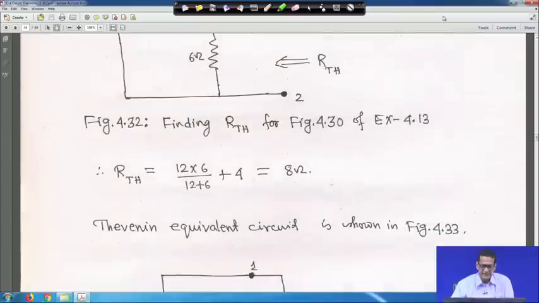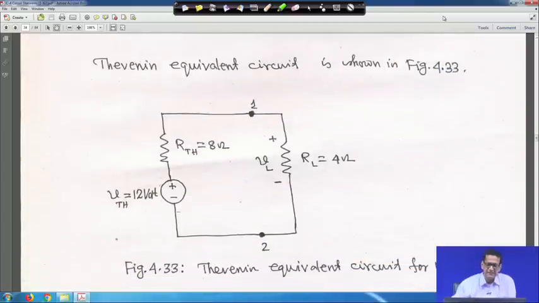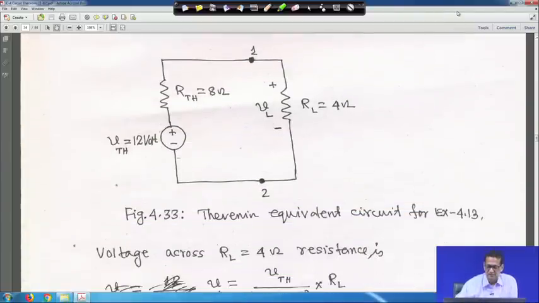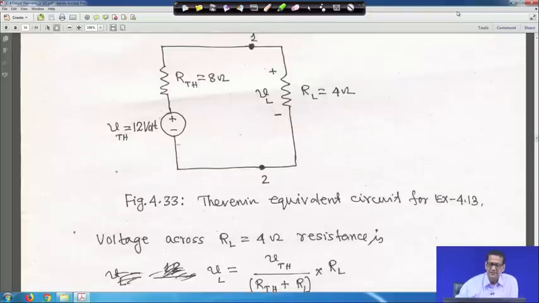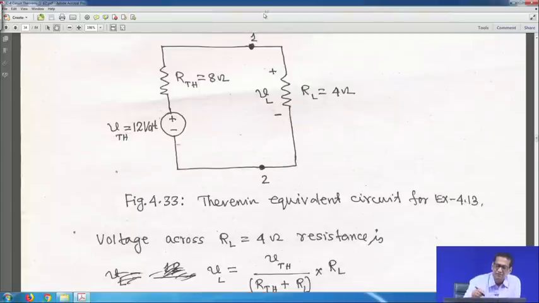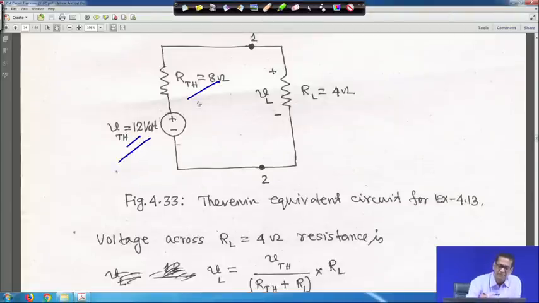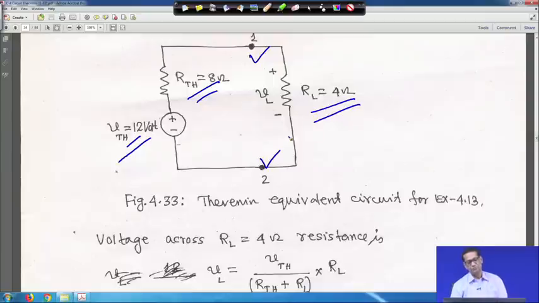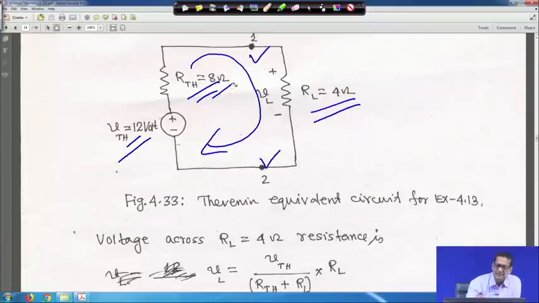Next, this is your V Thevenin, with that R Thevenin is there in series, 8 ohm, and now you connect that RL is equal to 4 ohm resistance across terminal 1 and 2. If you do so, then you find out the current flowing through this. Total resistance here is 8 ohm plus 4 ohm, 12 ohm.